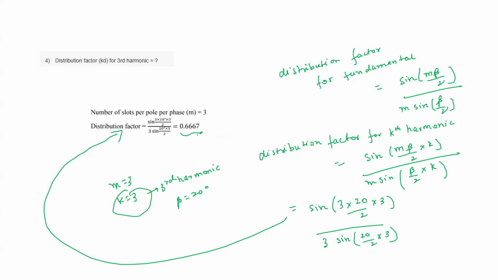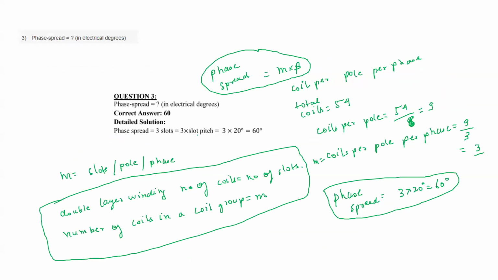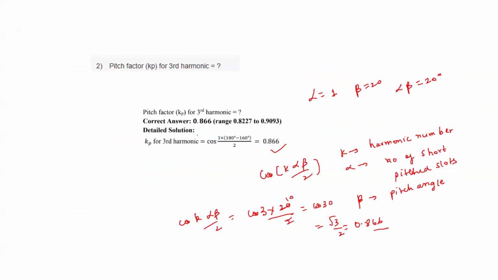This is a formula based question. You have to keep in mind this distribution factor formula, and the pitch factor formula, which is the pitch factor for the kth harmonic. These two you have to remember.